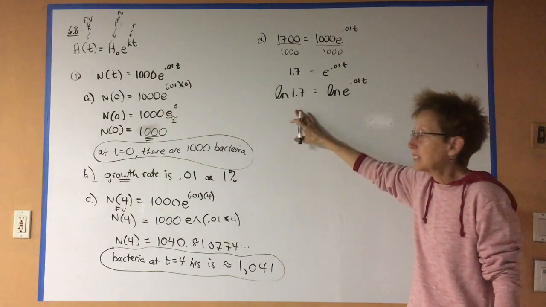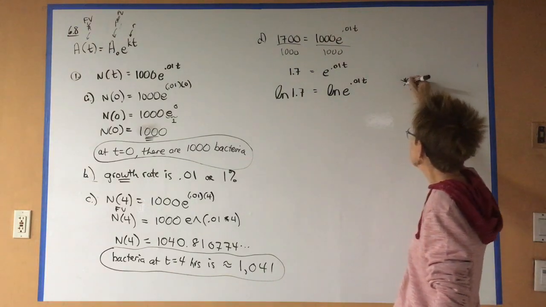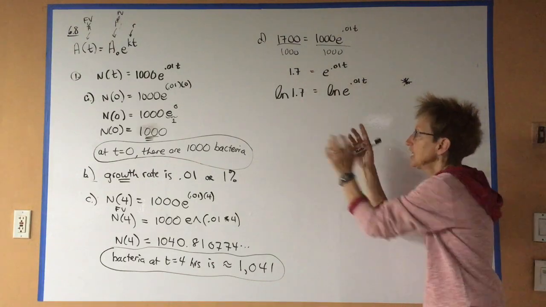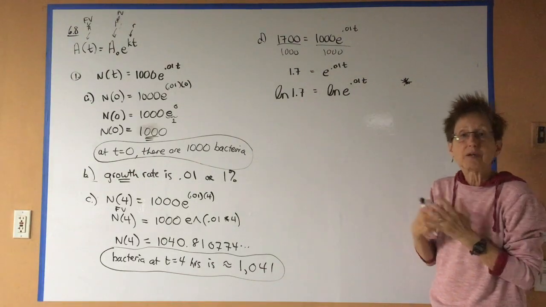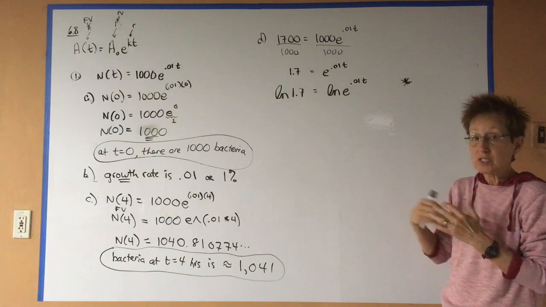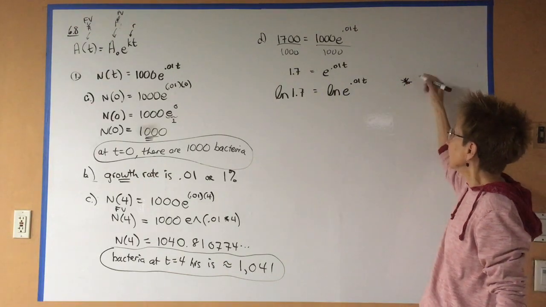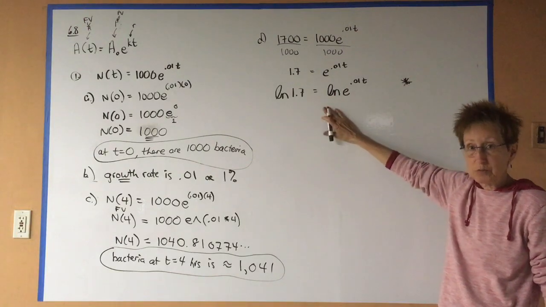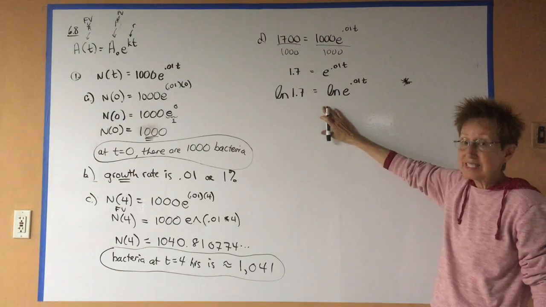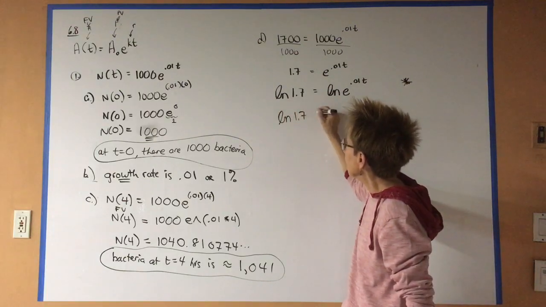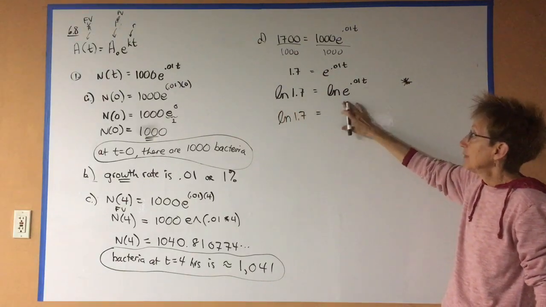I absolutely want to see this line. I know sometimes in science classes when they do this, they just say if it looks like this, this is what you get, and they don't explain why. Okay, so here's the why to why that's happening. I want to see this line, absolutely want to see it in your work. And then I want to see this next line in your work, which says ln of 1.7 is equal to, so tell me about this.